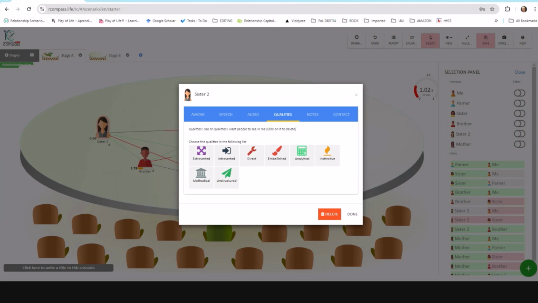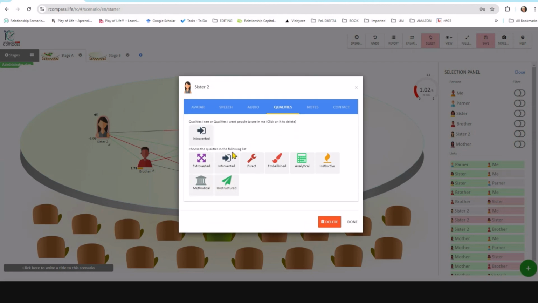Is your sister extroverted or introverted at this level? I'm going to say introverted. Introverted? Is she direct or embellished? Does she talk like tuk tuk tuk tuk, or is she more of a storyteller? Direct. Is she analytical or intuitive?